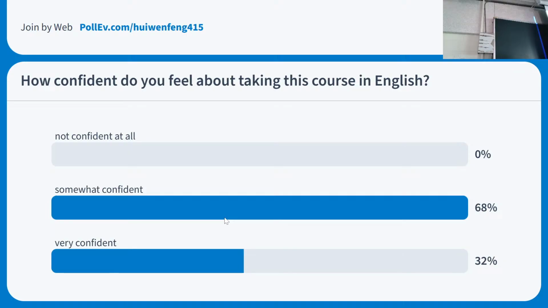Alright, so I think it's acceptable. No one feels not confident at all. That's good. And I found the problem: some content is not projected on the curtain here, so that's fine. I will report the problem to the school.